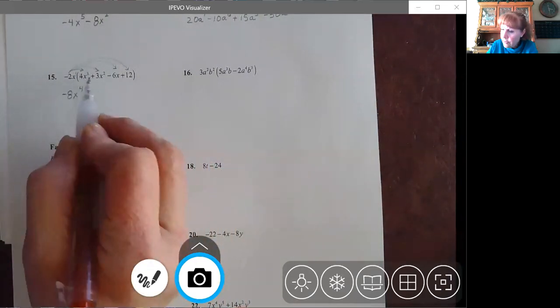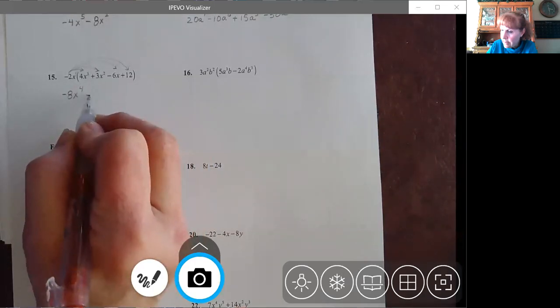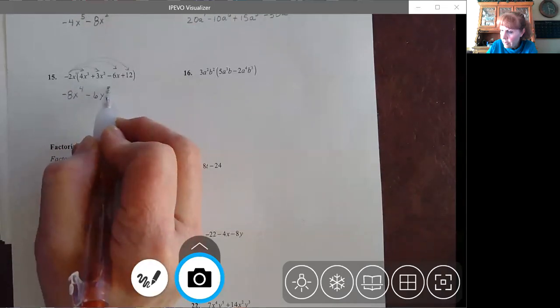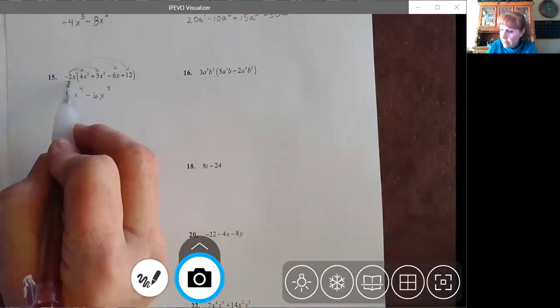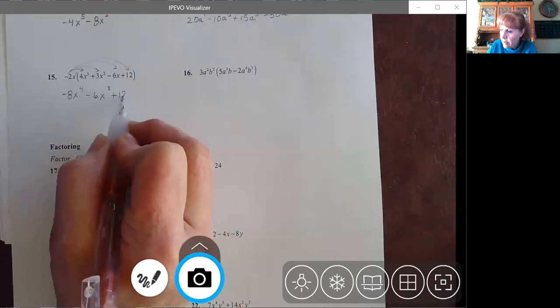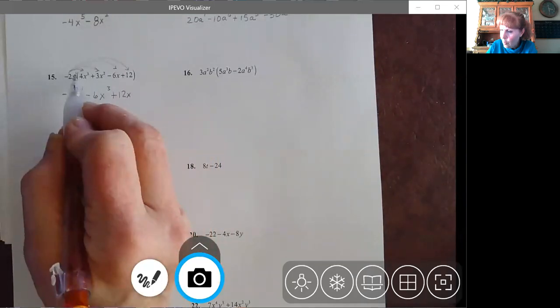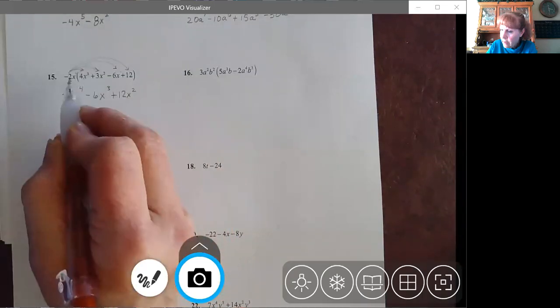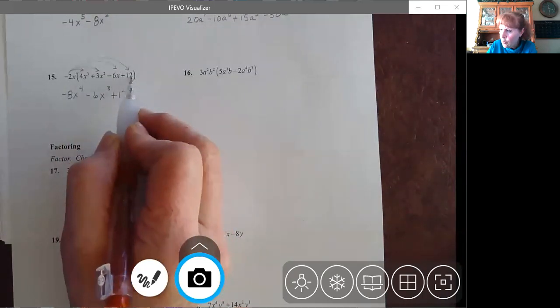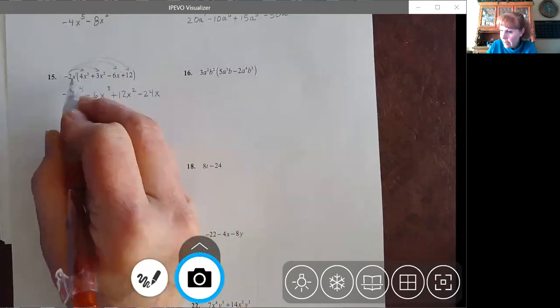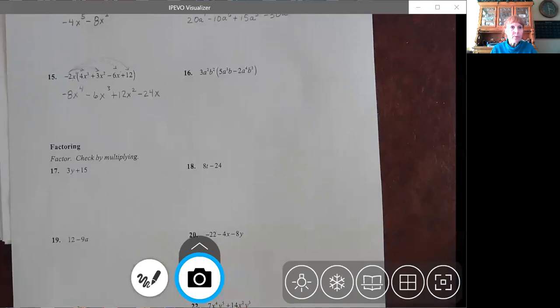And then negative 2 times a positive 3 is a minus 6. x to the 1 plus 2 is 3. Negative 2 times a negative 6 is a positive 12. x to the 1 plus 1 is 2. Negative 2 times 12 is a negative 24x. That x stays with it, with the negative 2. All right, there's your answer.